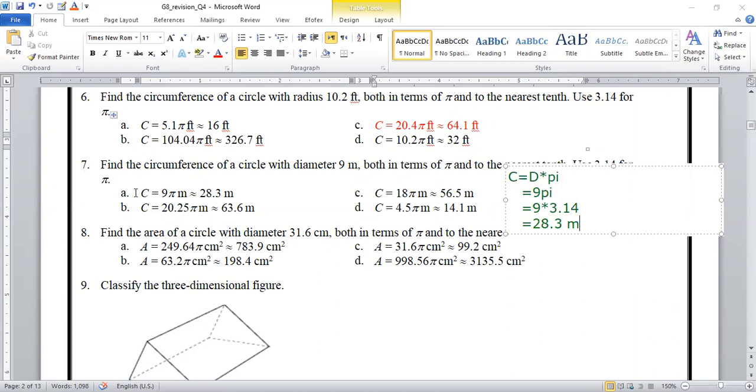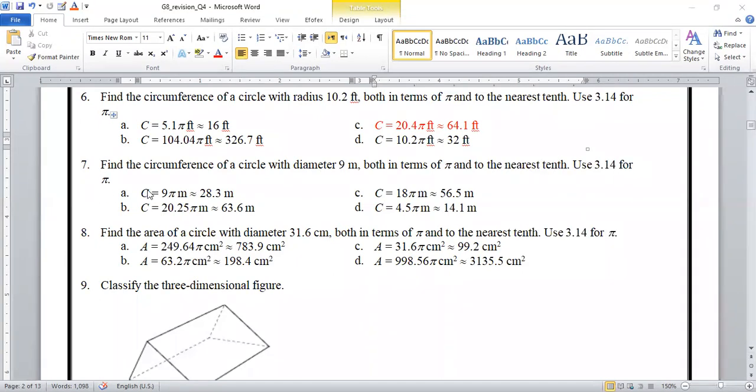So number A, circumference equals 9 pi. The first requirement is in terms of pi, so C equals 9 pi. By substituting pi with 3.14, we get 28.3. So the answer is number A.